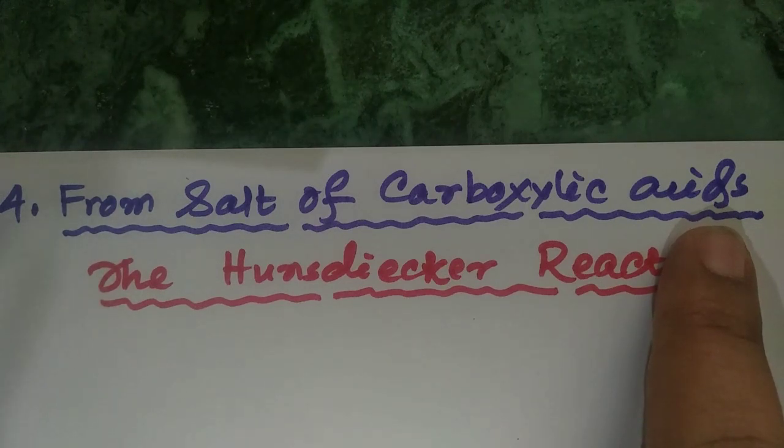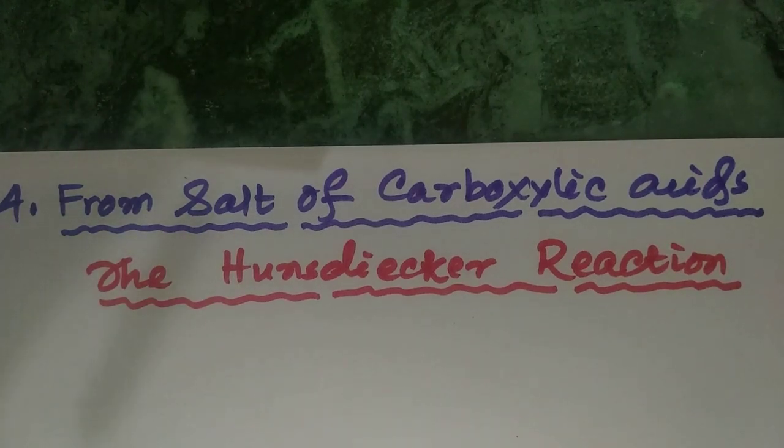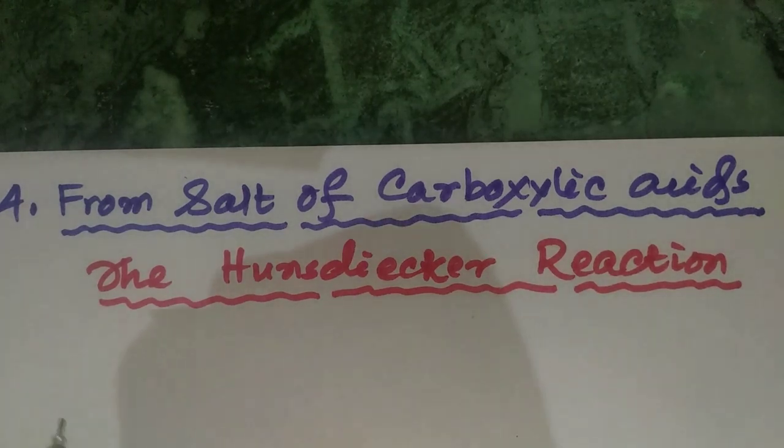When the silver salt of carboxylic acids is heated with bromine in dry carbon tetrachloride, the salts undergo decarboxylative bromination, as a result of which alkyl bromide is formed, which contains one carbon less as compared to the parent acid. What have I told?